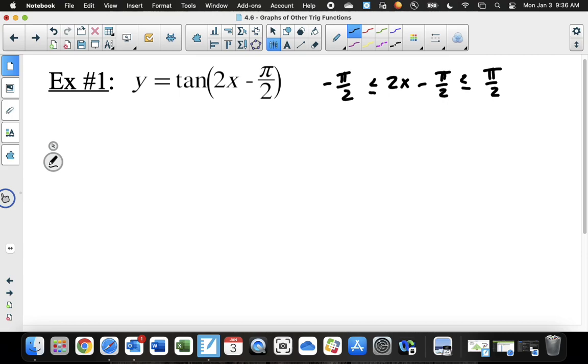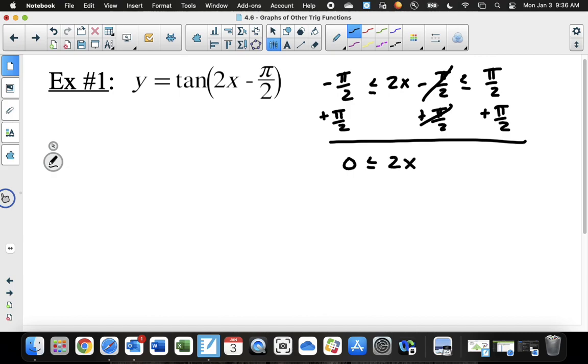So if I solve this inequality for x, I need to take that negative pi over 2 and add pi over 2 to both sides, to the right and also to the left. On the left-hand side, we get 0, less than or equal to 2x, less than or equal to, on the right-hand side, what's pi over 2 plus pi over 2? Pi.